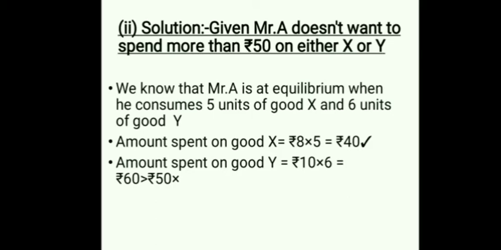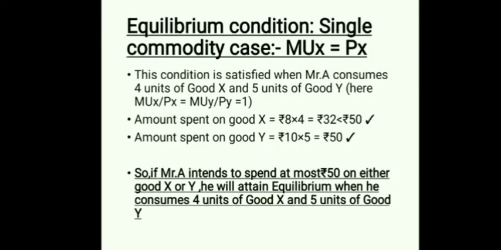So the consumer cannot buy 6 units of good Y. So what can we do? How will we make Mr. A attain equilibrium? Let's see. The only way we can progress is through the single commodity case.